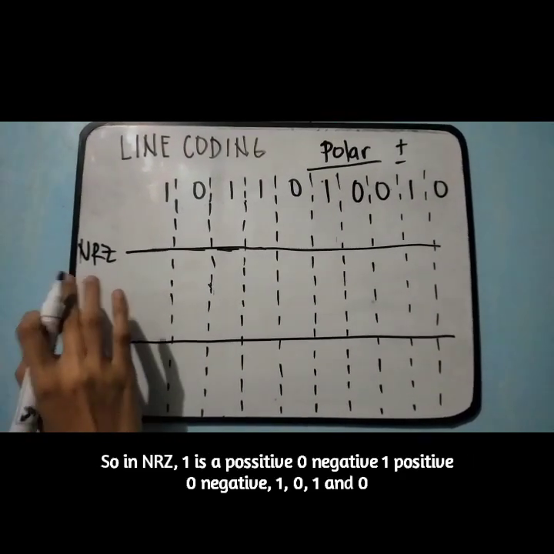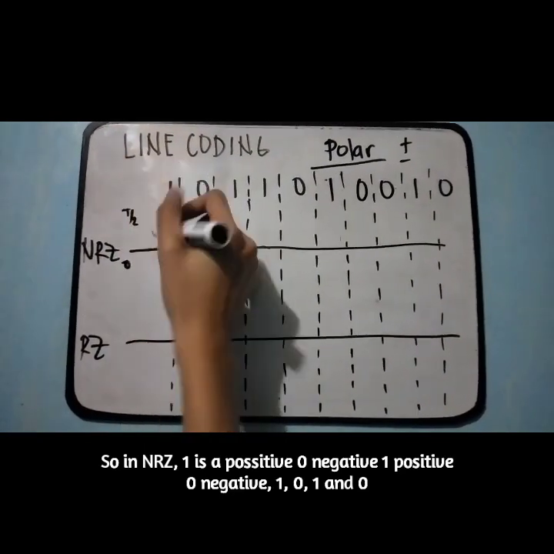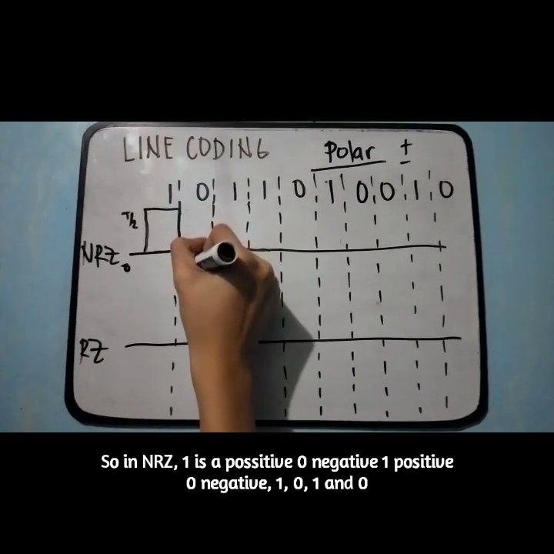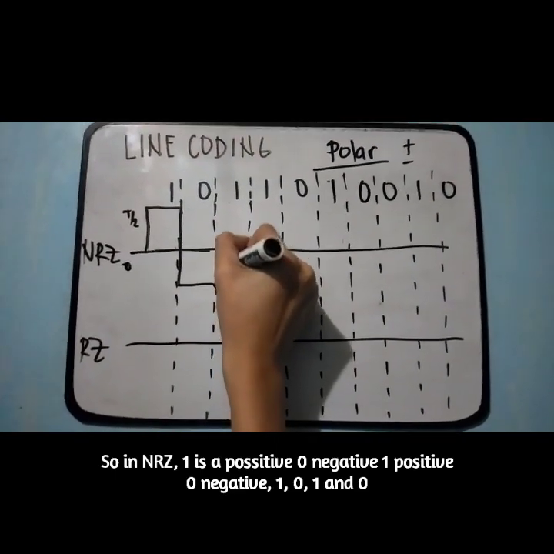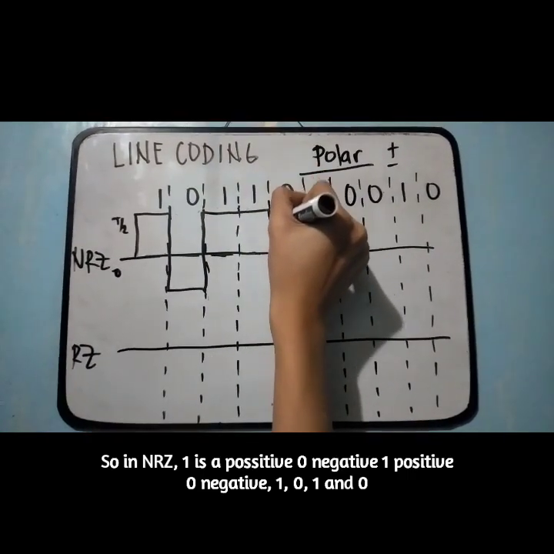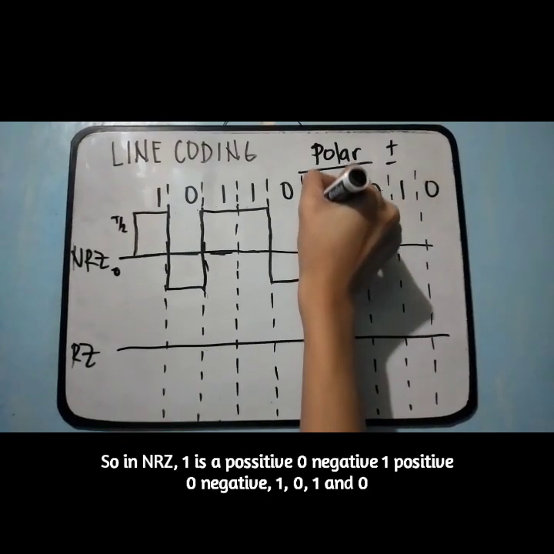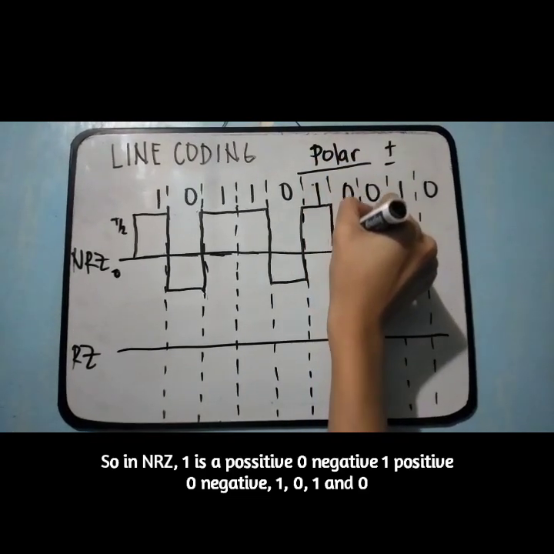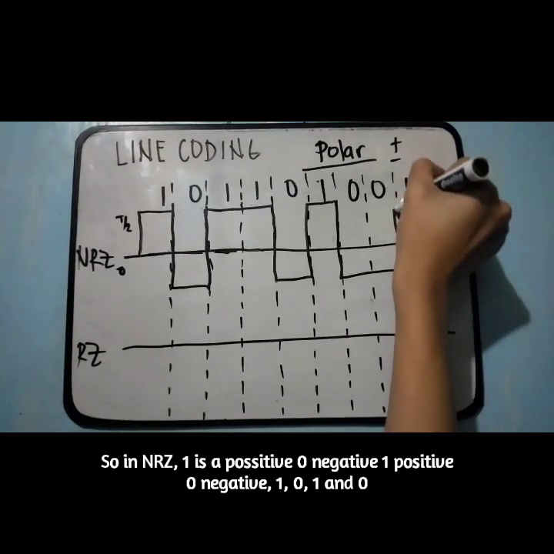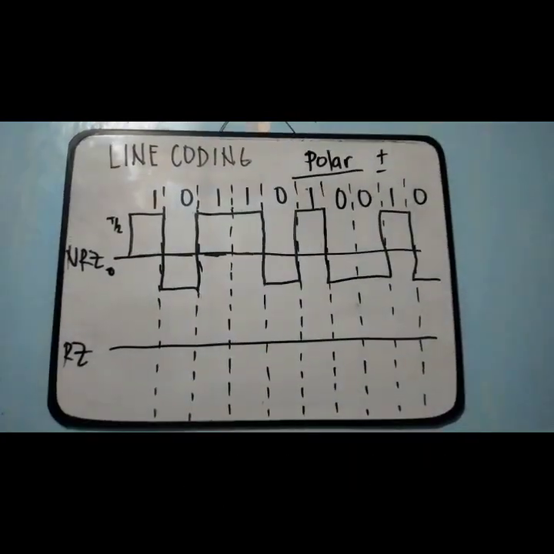So, in NRZ, 0, 1 is the positive, 0 negative, 1 positive, and 1, 0 negative, 1, 0, 1, 0.